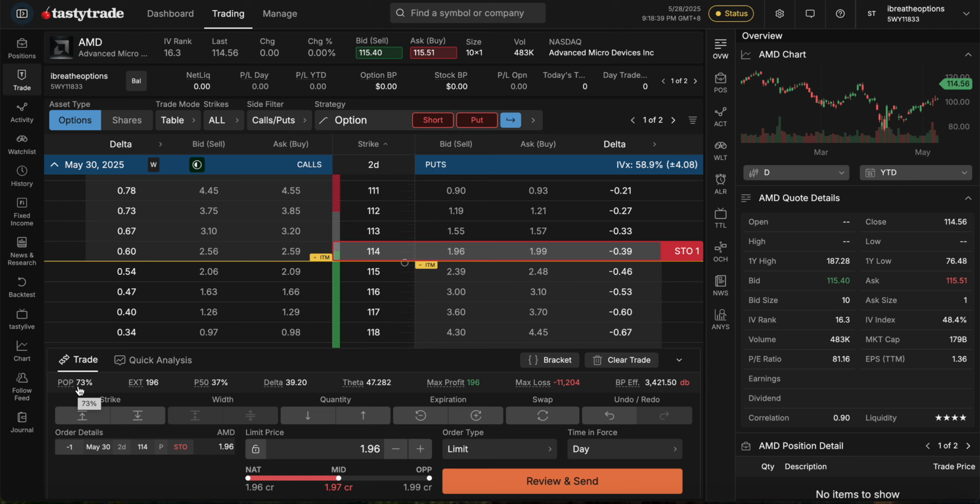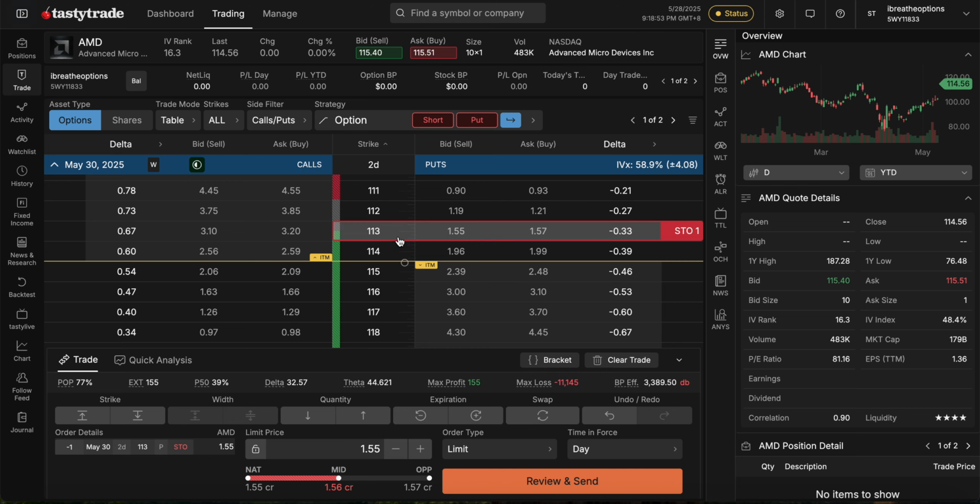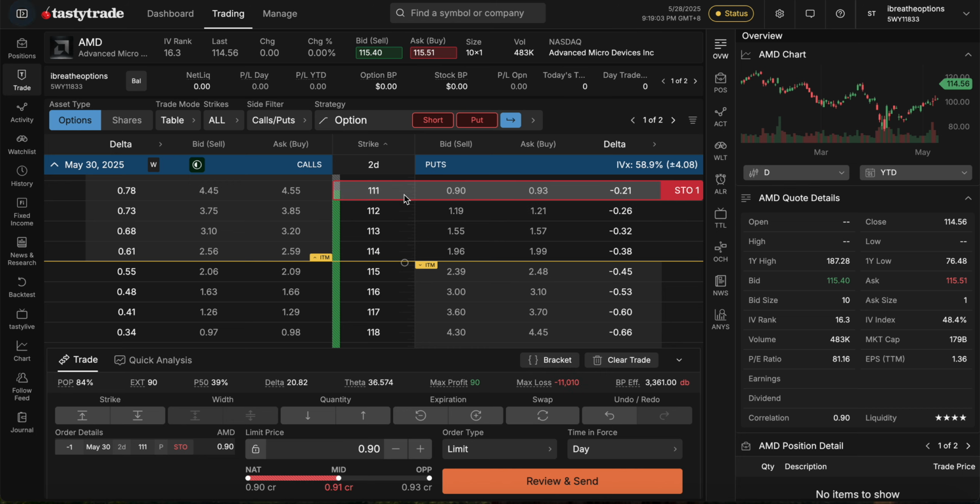It's the actual statistical probability that the options trade will end in my favor, and is based on current market assumptions like implied volatility, time to expiration, and current price. That's a relationship here. So if I sell my puts at strike price 113 and market price is 114.56, my probability of profit increases. Same goes for 112, 111. So at 111 it's 84%.